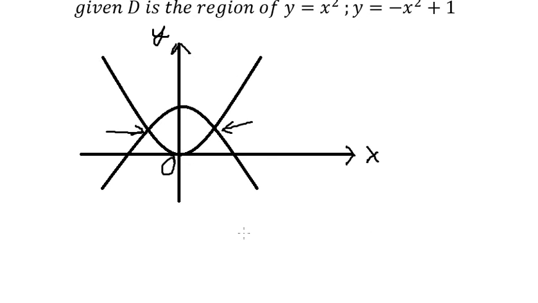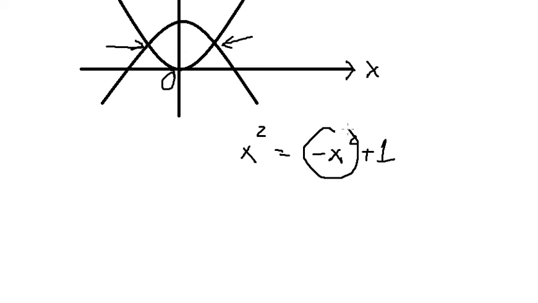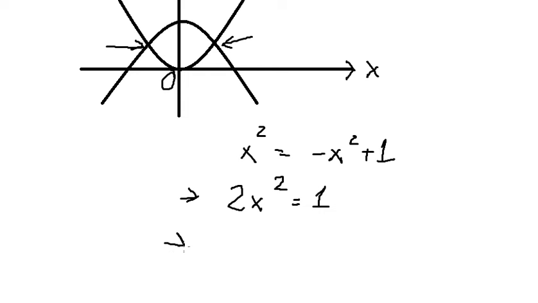So, this one we have x squared equals negative x squared plus 1. So, I will put this one to the left. So, we have x squared plus x squared, you get 2x squared. Later we divide both sides by 2.